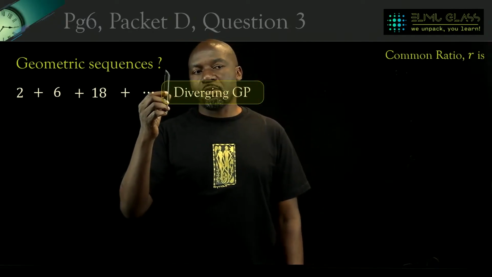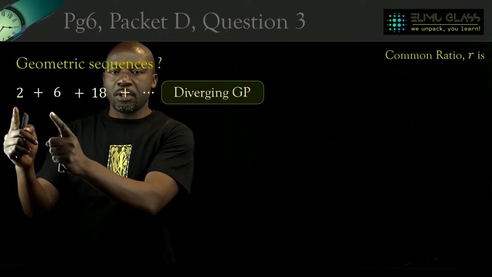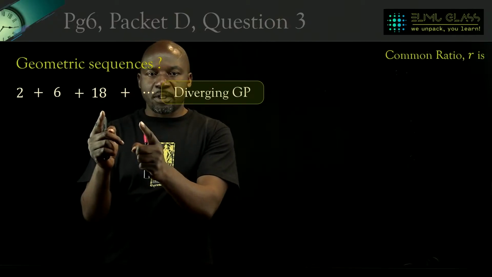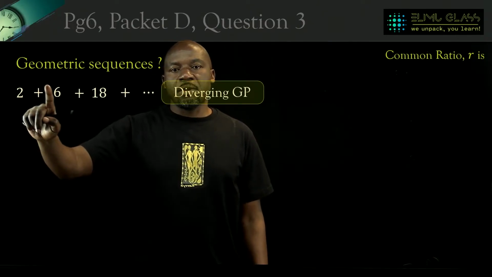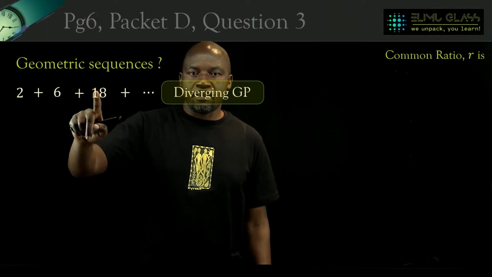Why we call it the common ratio? Because we can find that same number using these two terms, or these two terms, or the next two terms, and so on. So if this is our un, then this is our un plus 1.